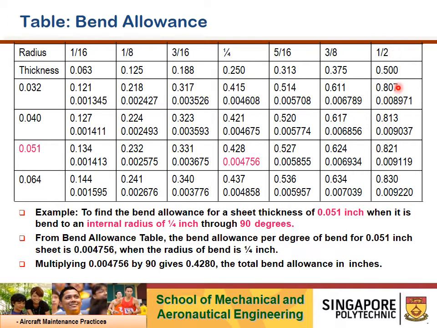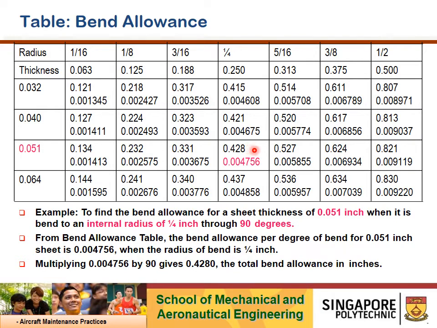Then if it's a half-inch radius, which is quite big, maintaining the same thickness of material to be bent, my bend allowance will be 0.821, shown here. So you do realize that the bend allowance is actually a variable component, which will fluctuate with the bend radius used.